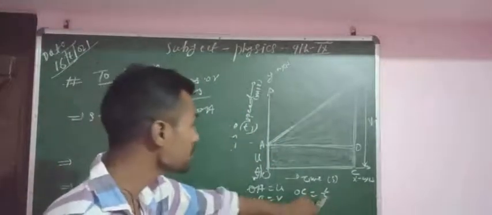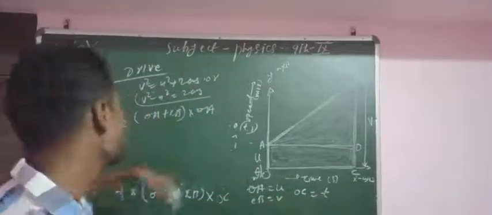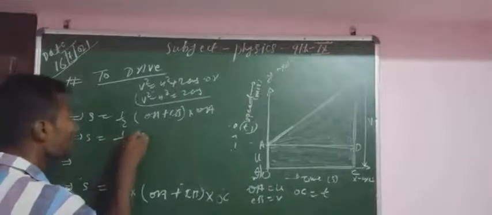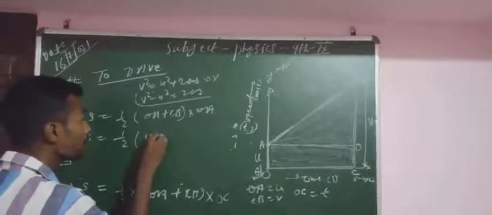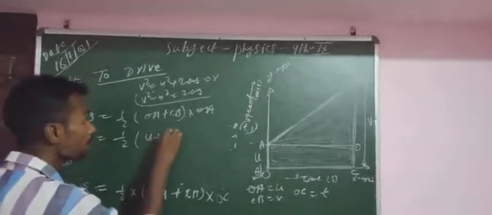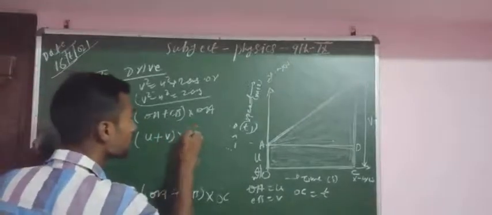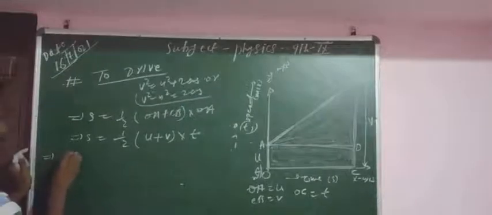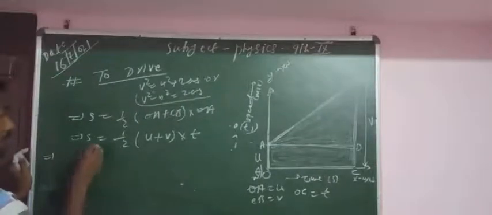So we will put these values in the equation. So s equals 1/2 into (u plus v) into t. Now we will cross multiply.